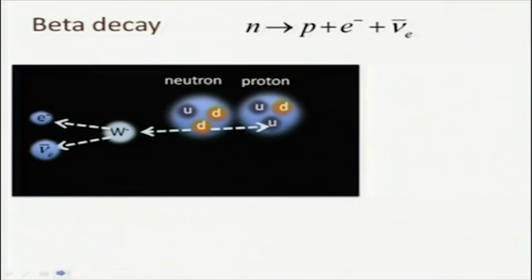This W particle decays immediately to an electron and an antineutrino. So, this is the electron that comes out of this thing. If you look at the charges, the d quark has minus 1 by 3 charge, which decays into a u quark which has a 2 by 3 charge plus, and W minus has minus 1 unit of charge.